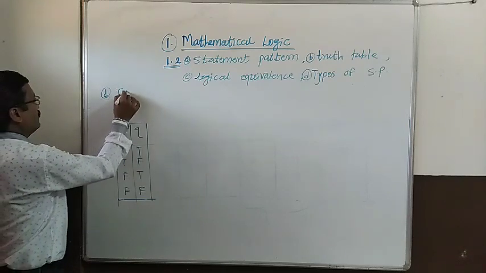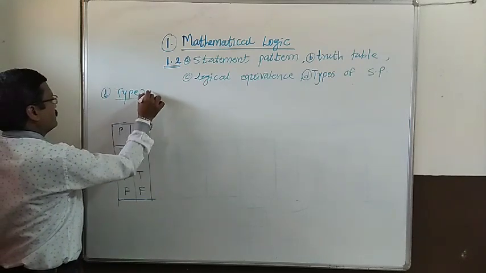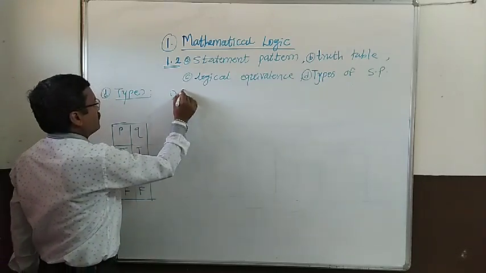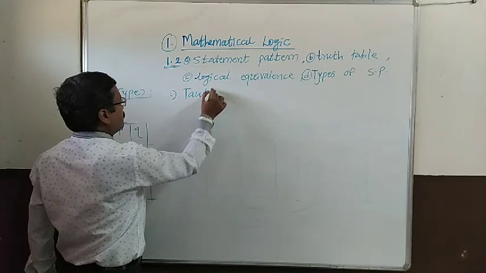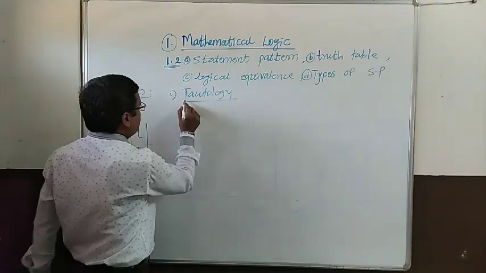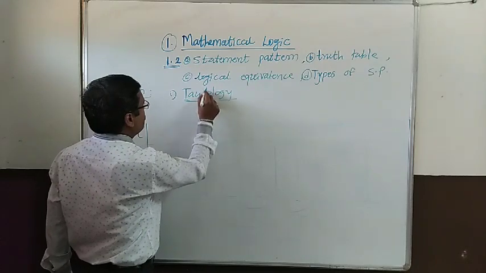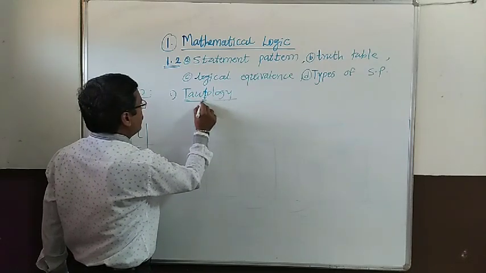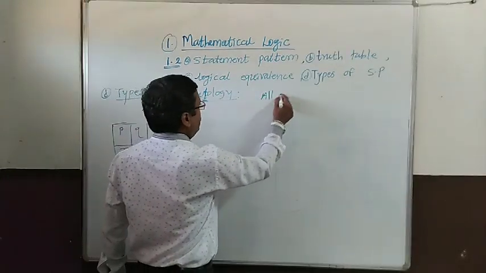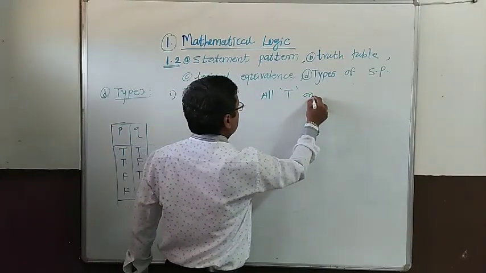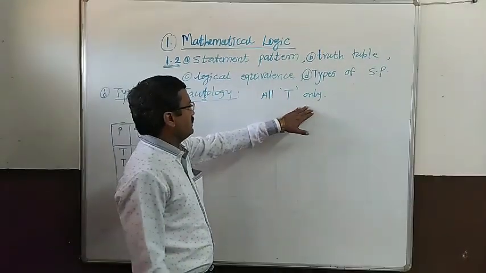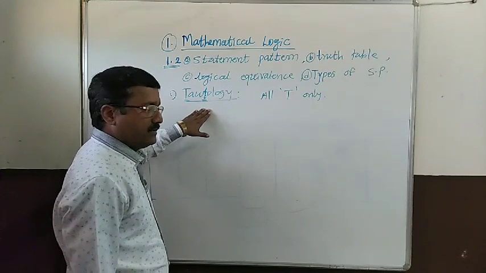D point, types. First one is tautology. This word tautology contains two T's. So if a statement pattern contains all T's only, then that statement pattern is said to be a tautology.